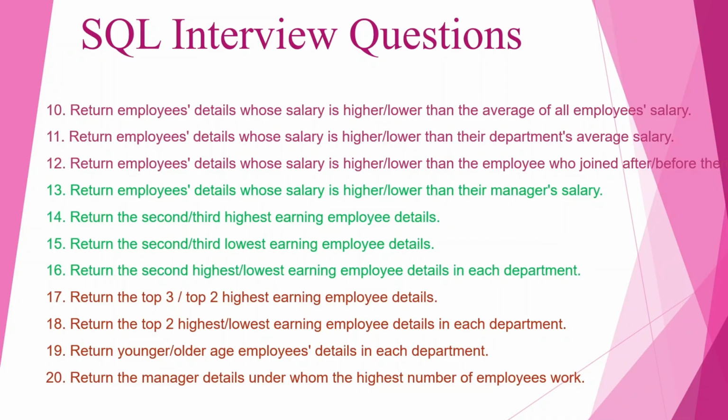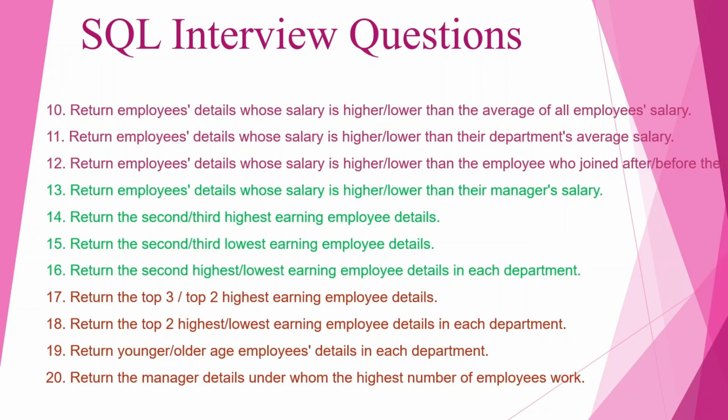Okay, next question, 13: return employee details whose salary is higher or lower than their manager's salary. This is also a very important and most frequently asked interview question. It will give employee details with their respective managers also, and we need to return both. Here you need to understand that only a single table is given, having all employee details with their respective manager details, but these managers are also employees of that organization, right?